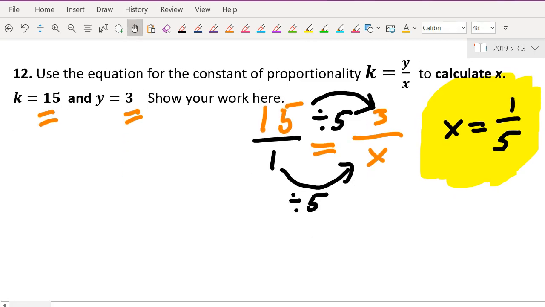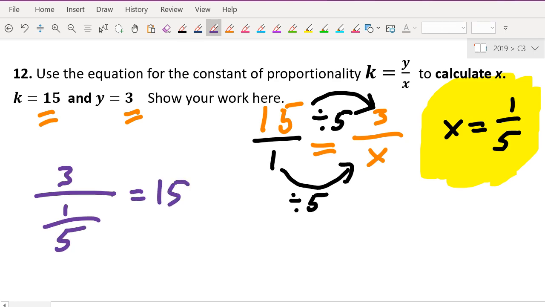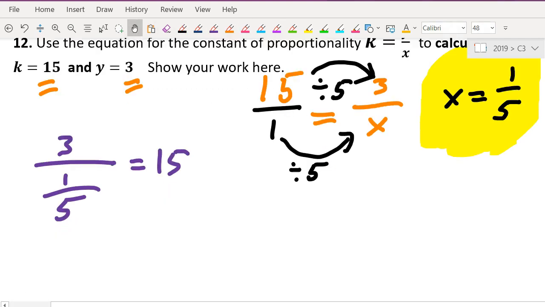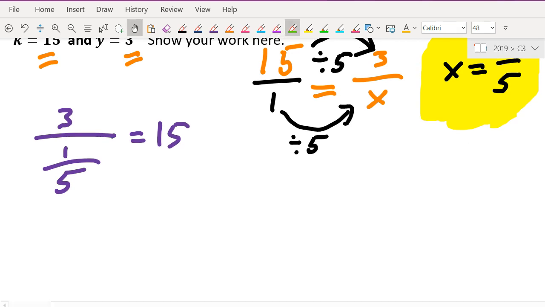Now let's test to see if it's correct. If this is correct, then 3 divided by 1/5 should be equal to 15. How do we do 3 divided by 1/5? You know how to do that. 3 over 1 times 5 over 1. 3 times 5 over 1 is 15.